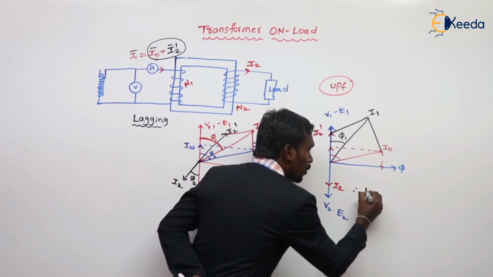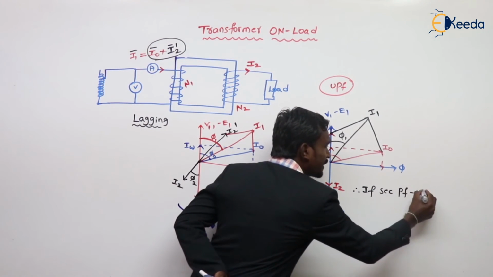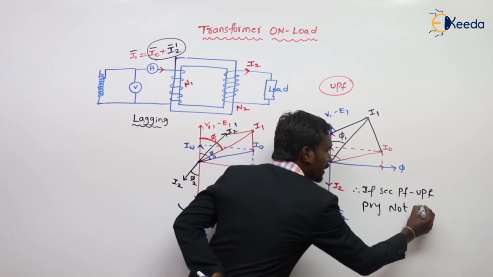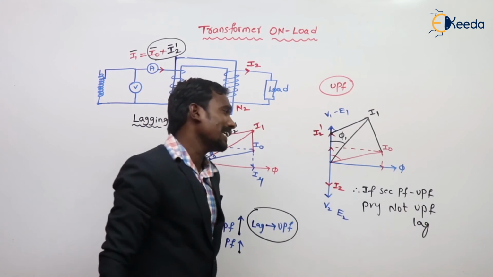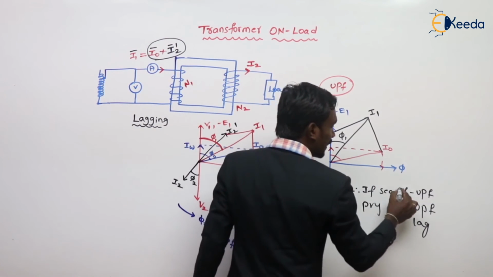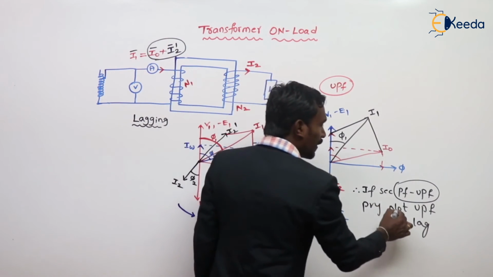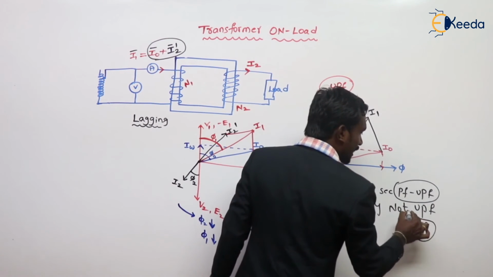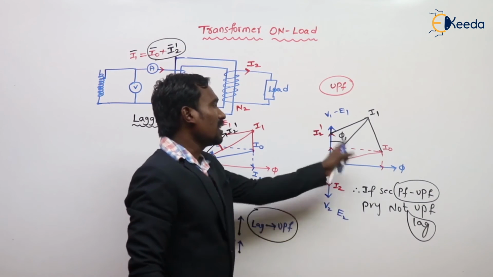Therefore, if the secondary power factor is unity, the primary power factor is not unity. It is lagging only. Even though the secondary power factor is unity, the primary power factor is lagging only, not unity.